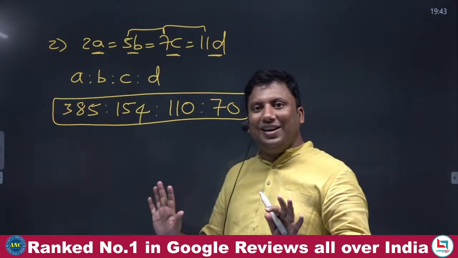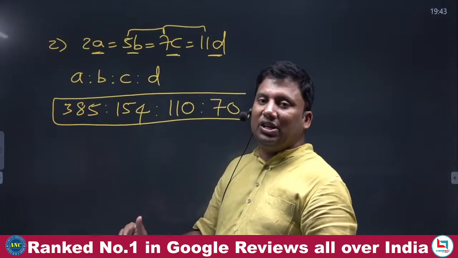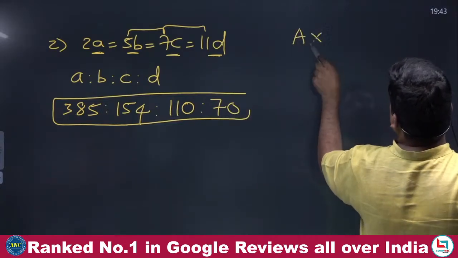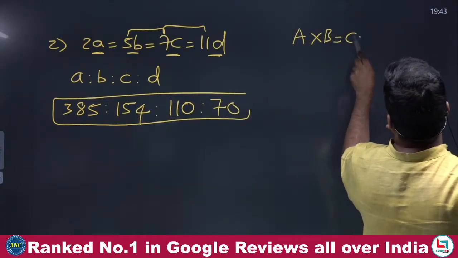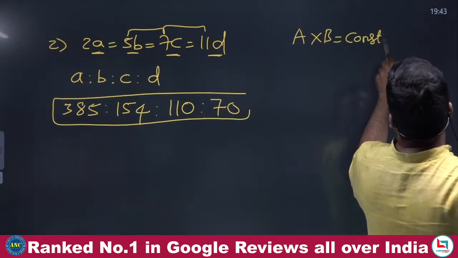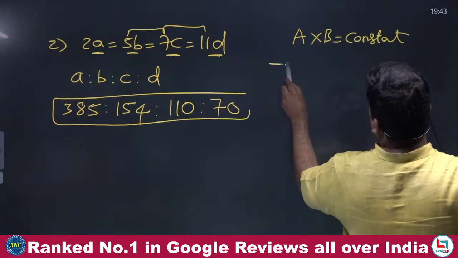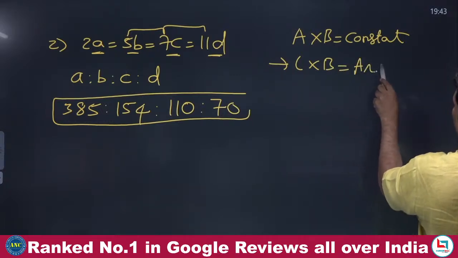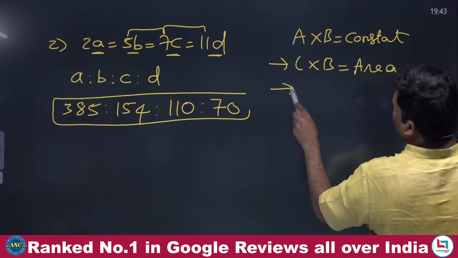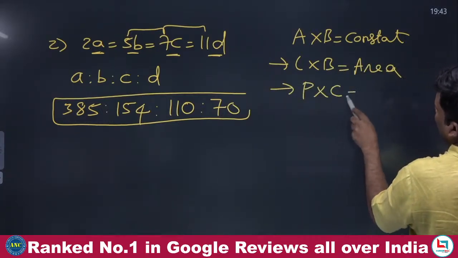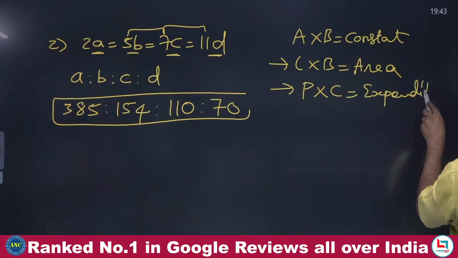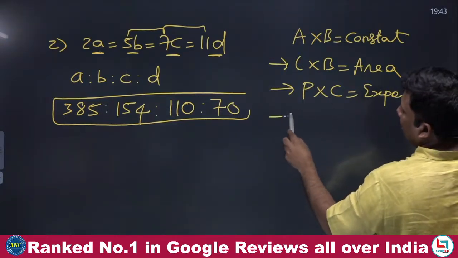I hope the idea is clear. This concept is used wherever the product of two parameters is constant. Where all can you use it? Length into breadth is equivalent to area. Price into consumption is equivalent to expenditure.